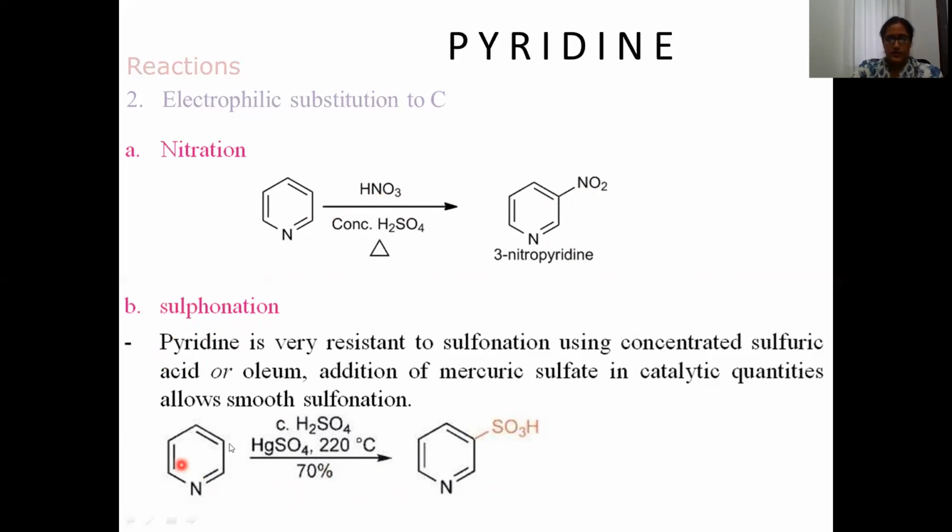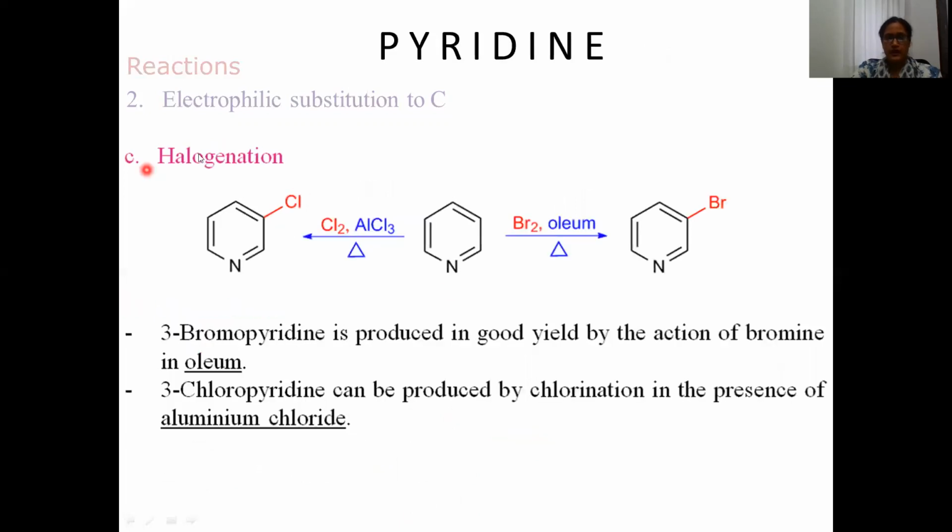Look here, if mercuric sulfate is also taken in the reaction media as a catalyst, in catalytic quantity with the sulfuric acid, we can get sulfonated pyridine. So at the third position, the sulfonation will happen.